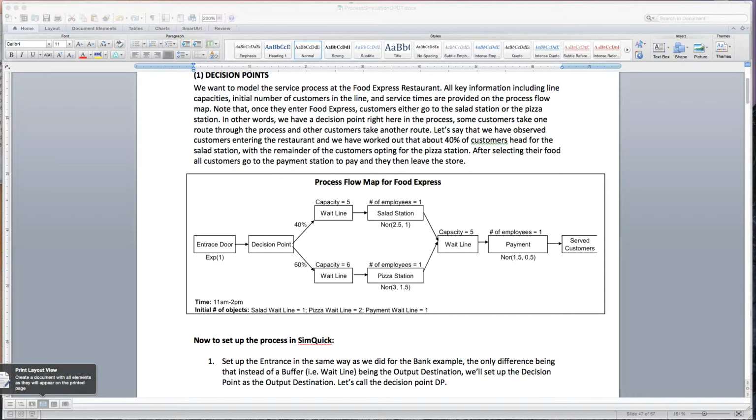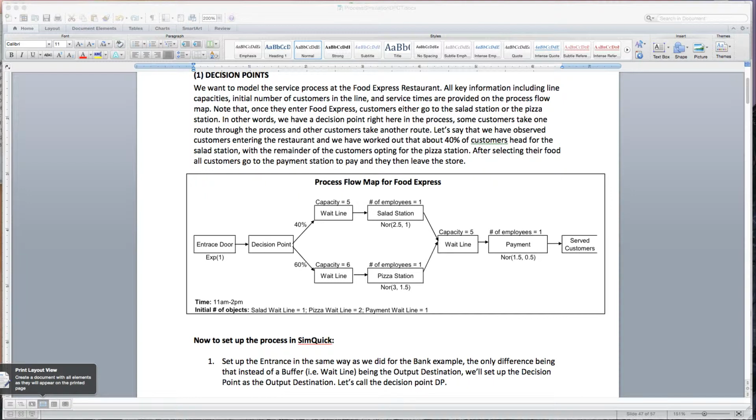So the idea of modelling decision points is to, as a manager, observe where people go when they come into your operation, and then figure out by observation what percentage of your customers go in each of those different directions, so that you can tell the simulation the people are coming in and X% is going in each of these different directions.